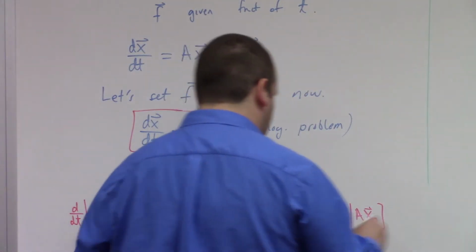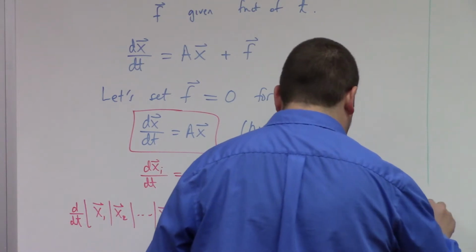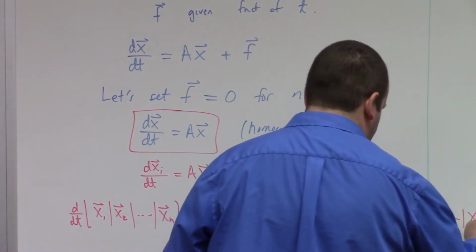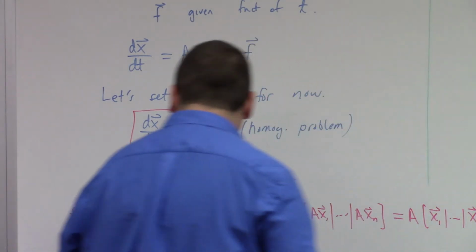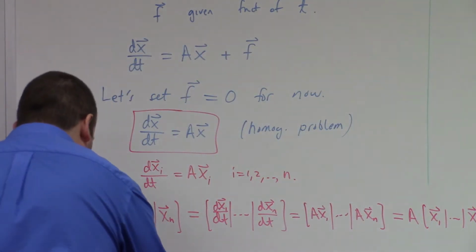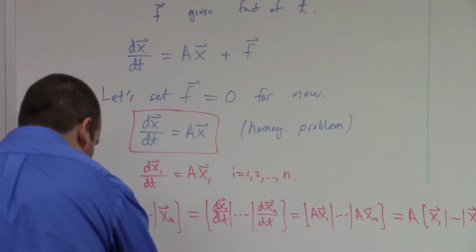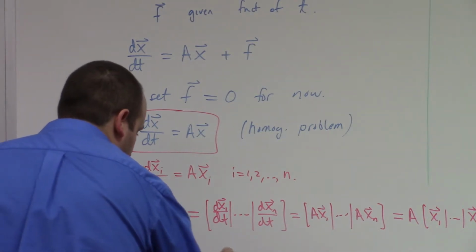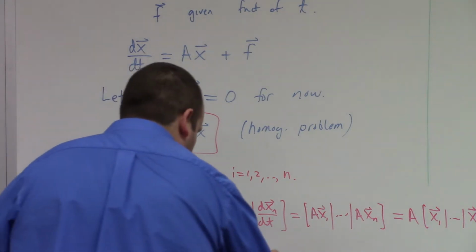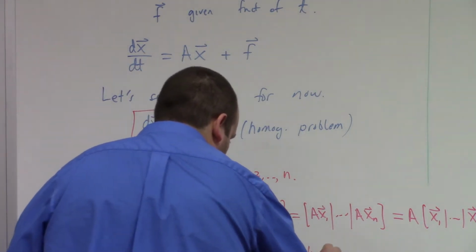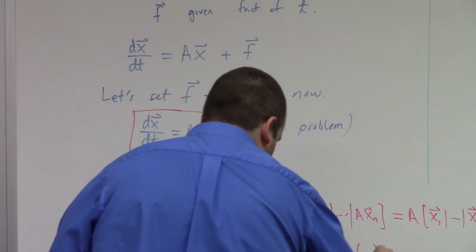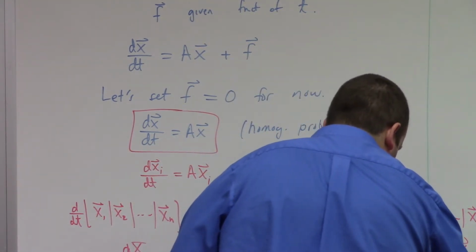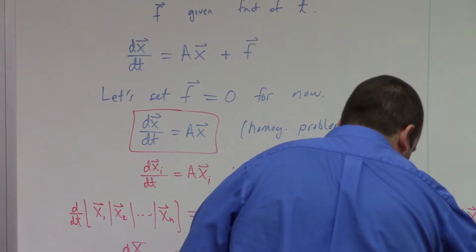What I'm really getting at here is not just an implication. I'm really getting at an if and only if statement: if you have a matrix such that the derivative of the matrix with respect to time is equal to a times the matrix again, that's true if and only if all columns of x solve dx dt equals ax.